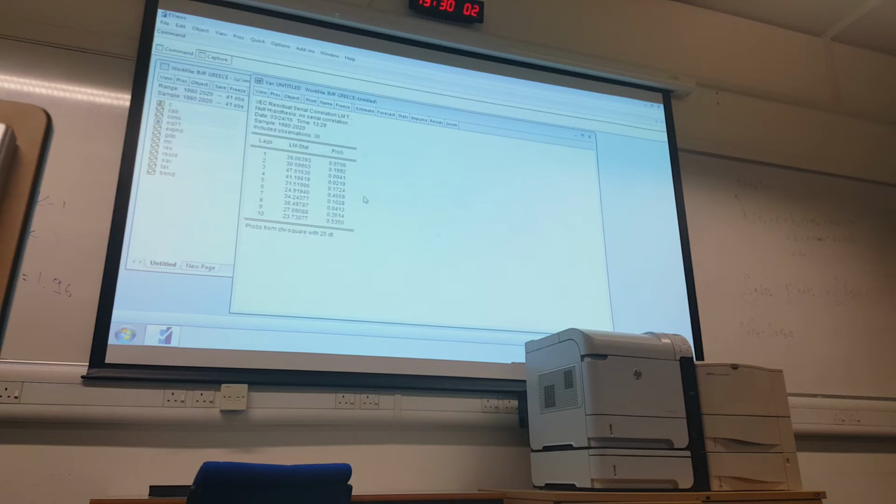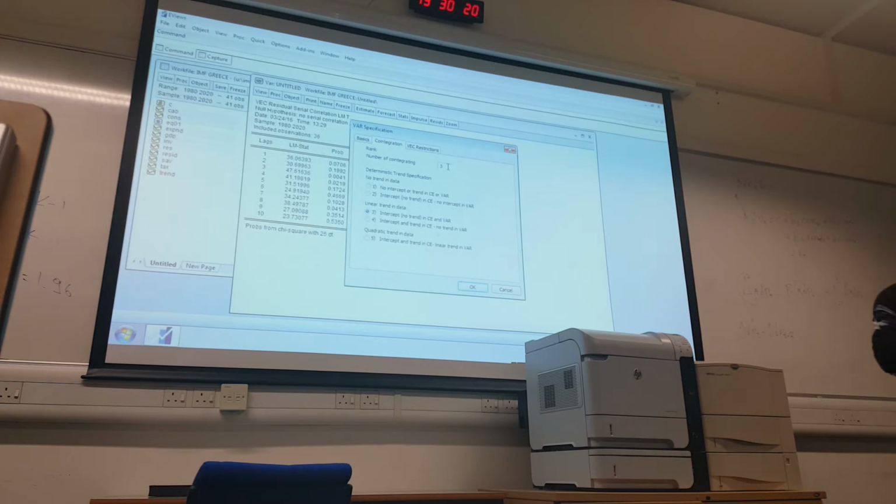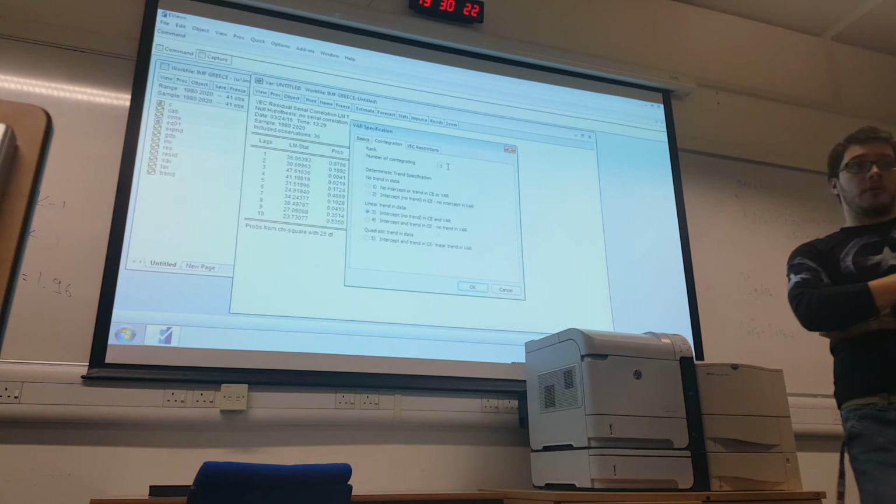So what do we do? What is the next step? The answer is try to find that lag order for which there is no serial correlation. What I would do in this case? First of all, I would include a number of cointegrating relationships equal to 1. And why is that?